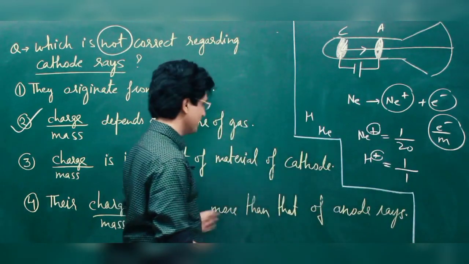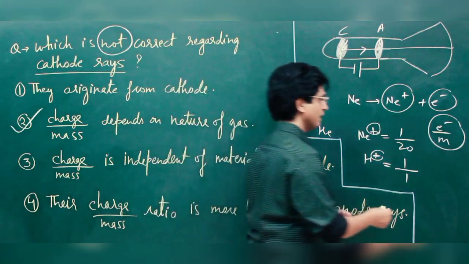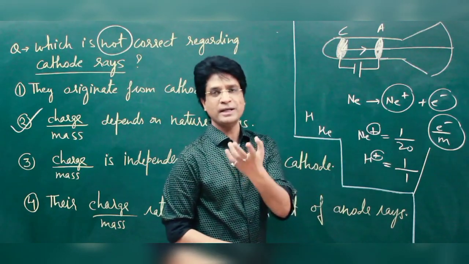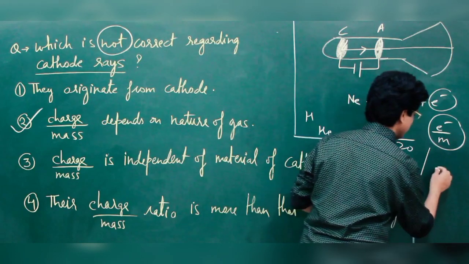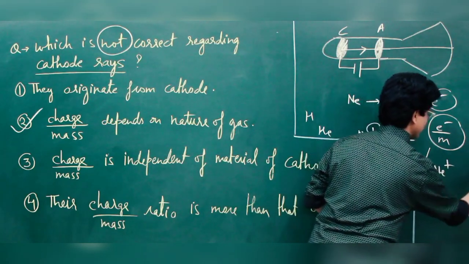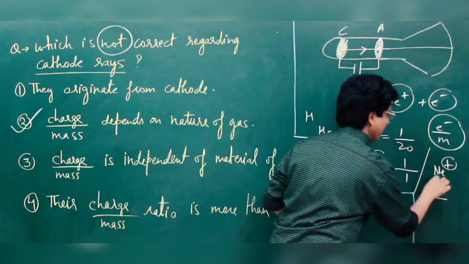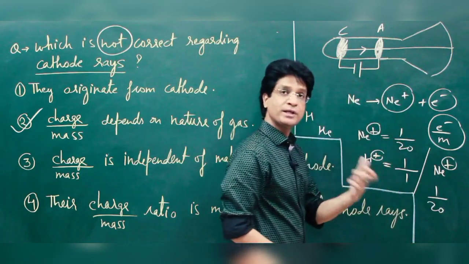Charge upon mass ratio is more than that of anode rays. Yes, because every gas is composed of neutrons and protons, which are very heavy. If I take, say, Ne+ and an electron, the unit charge is 1, and the mass is about 20 protons and neutrons.